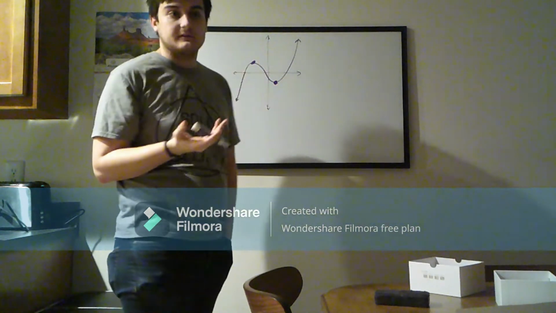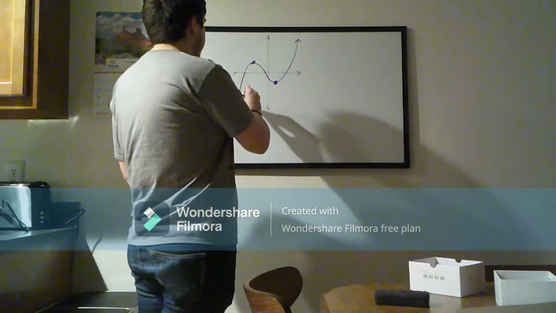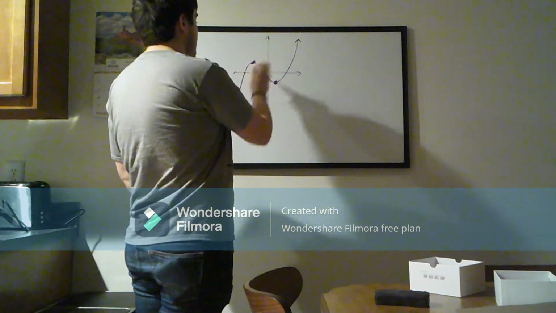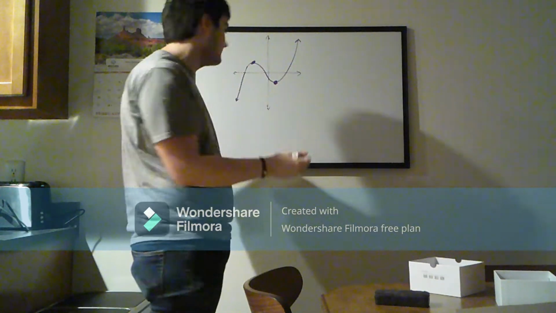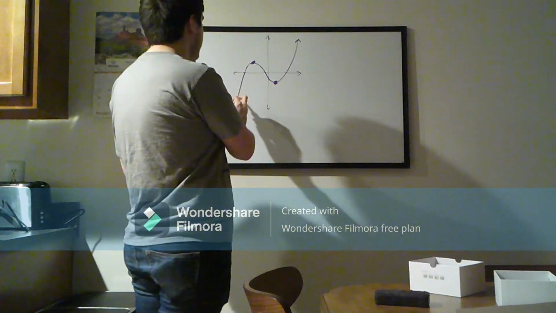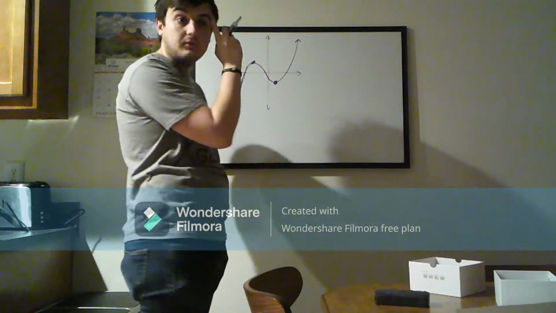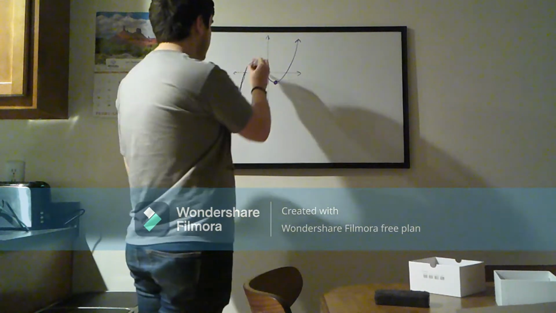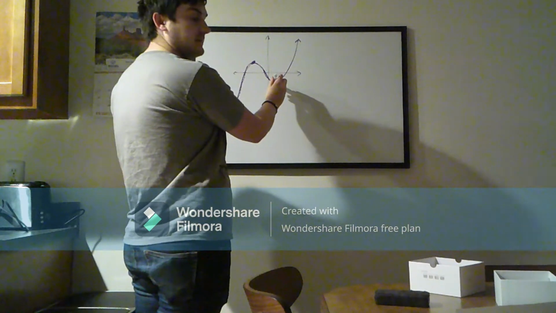Now, why do I say that? Well, that's because at these points is where my graph is starting to do something different. So on the left, it was moving up, up, up, up, up, until it hits a point. But now it's going down, down, until it hits this point.